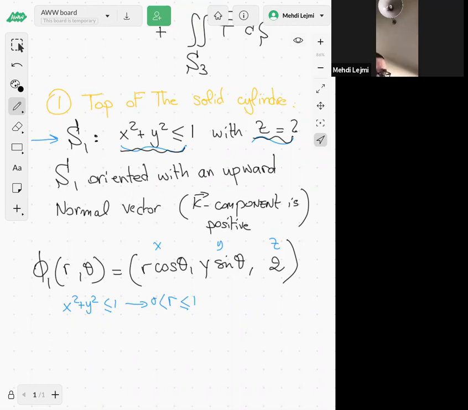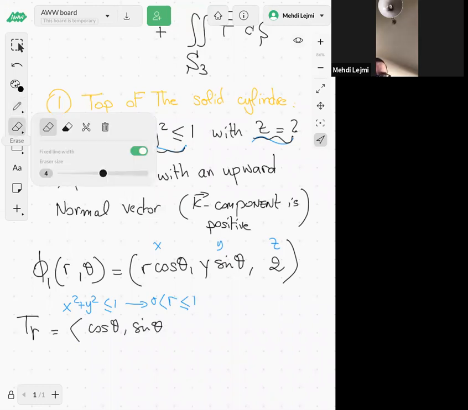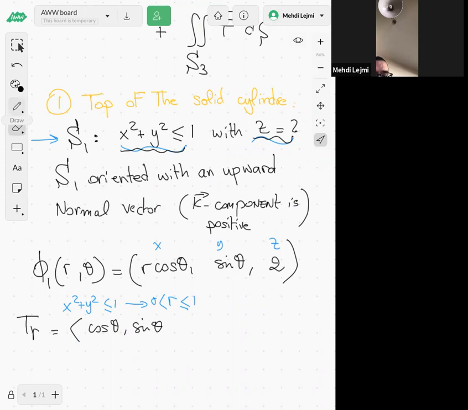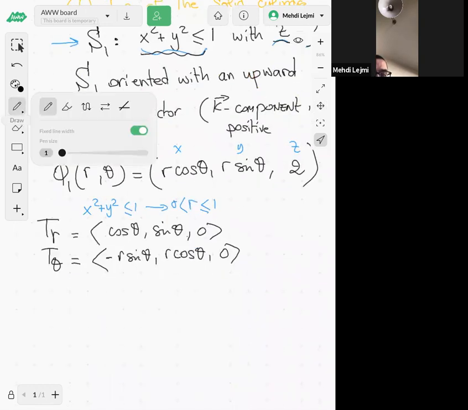So let's compute the normal vector in this case. T_r would be, of course, cosine theta, sine theta. Sorry, this is r, it's not y. This is r sine theta, 0. T_theta is minus r sine theta, r cosine theta, and 0. You do the cross product as usual.